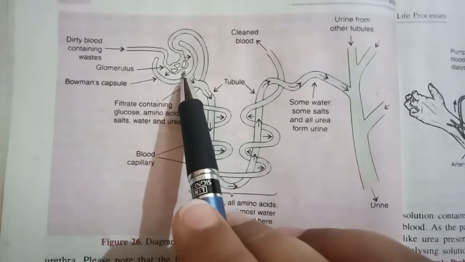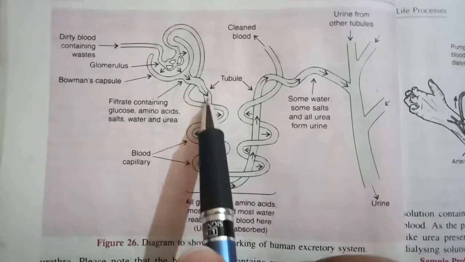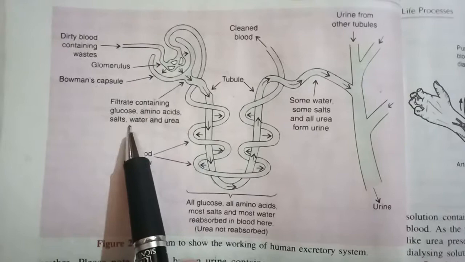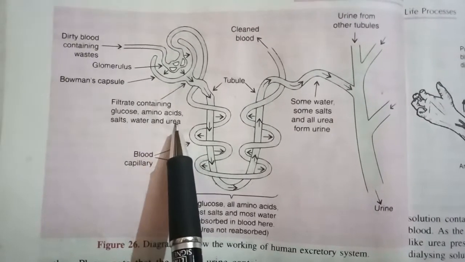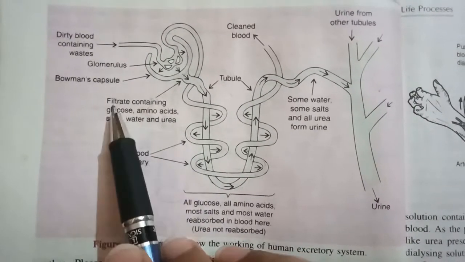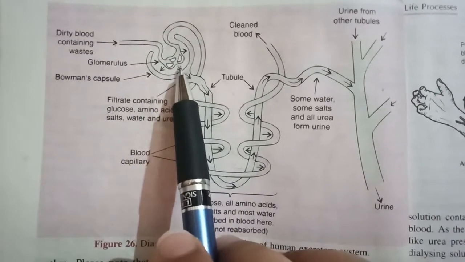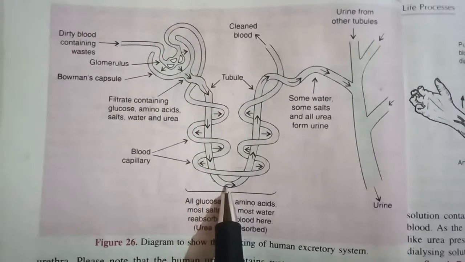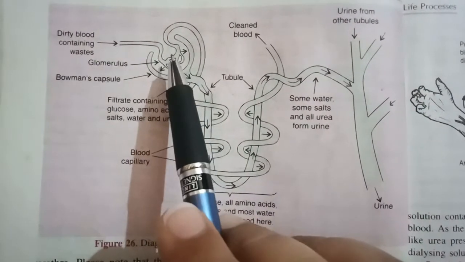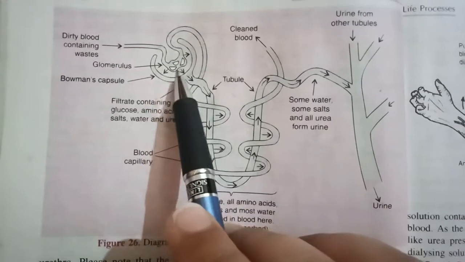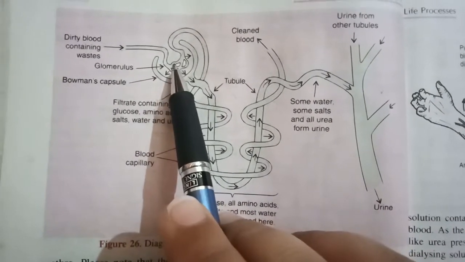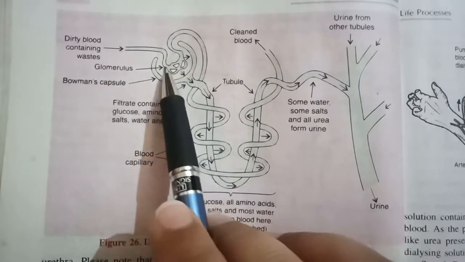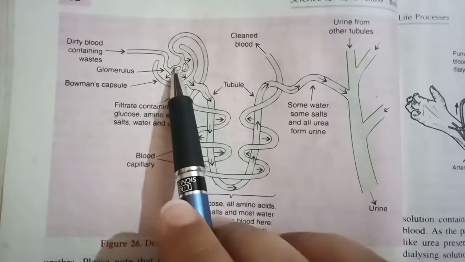The small substances are glucose, amino acids, salt, water, and urea. These small substances present in the blood filter out and enter the tubule region. The large substances, like large proteins and red blood cells, remain in the glomerulus, in the blood.